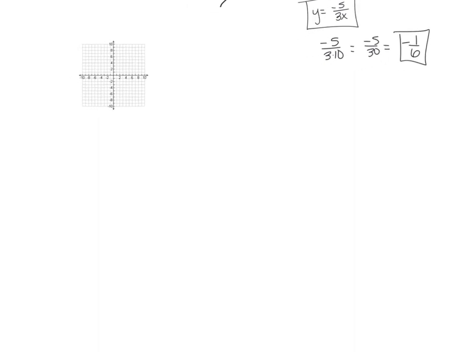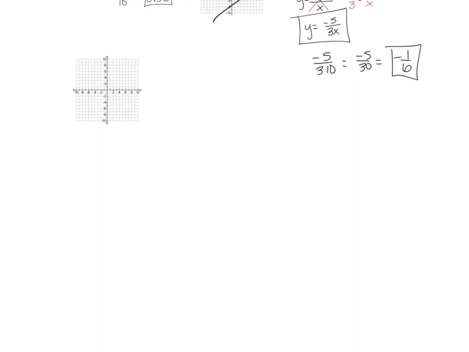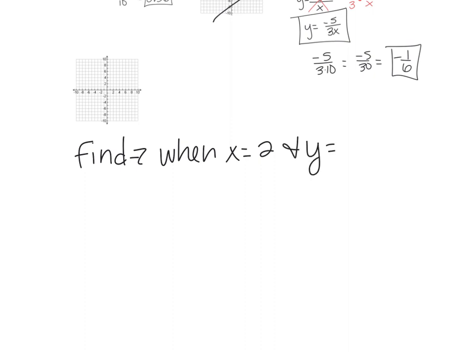So the directions say, let's write this down because you'll need it. Find z when x equals 2 and y equals 4.